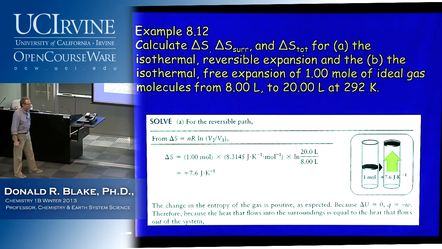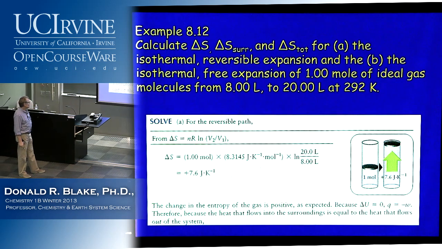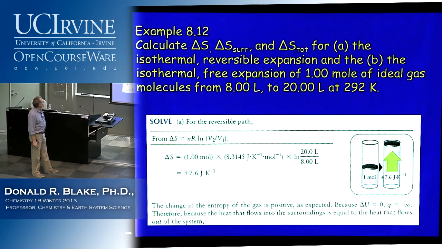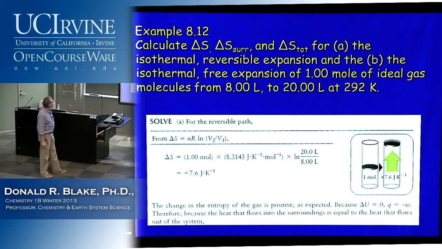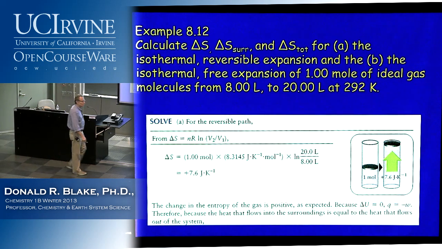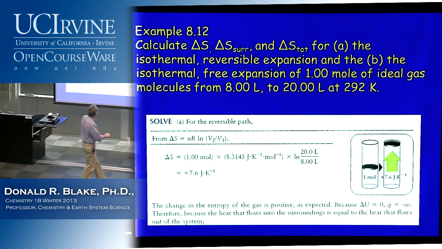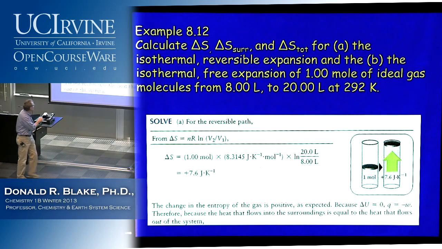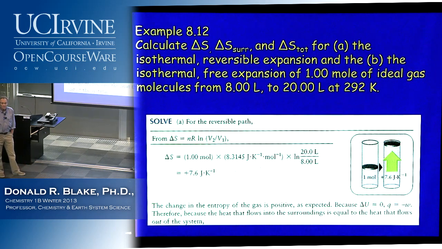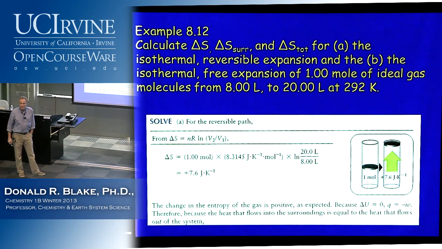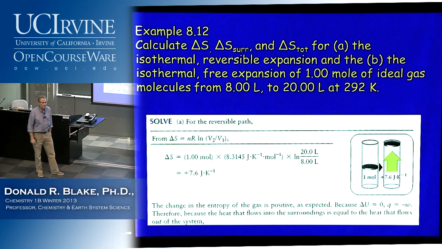No. Okay, I'm done. Are you guys done? So how many got that delta S is equal to this? How many aren't done? How many are clueless? Okay, a lot of you.